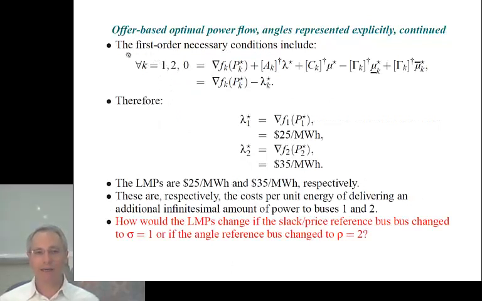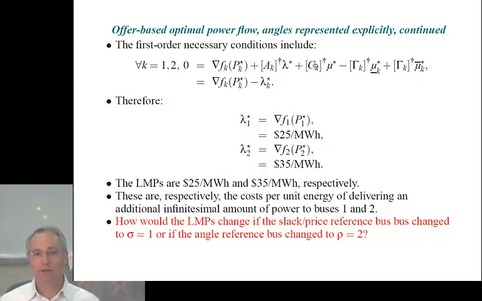First order optimality conditions are that for each K, generator 1, generator 2, we have that 0 is equal to that first line in the necessary conditions. The terms involving the Lagrange multipliers on the generator constraints are 0.